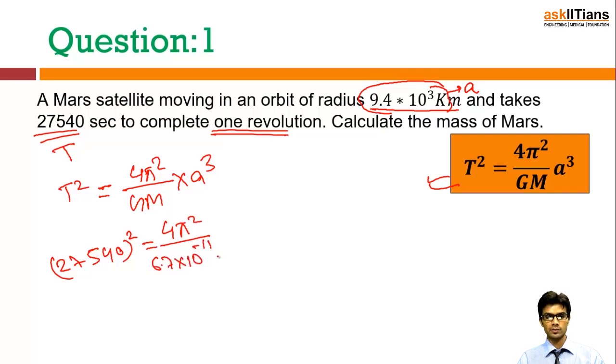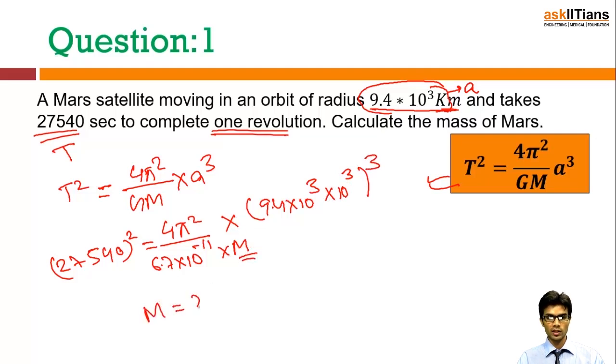We have to find the mass of Mars, so we don't know M. For a cube, the value of a is the radius, 9.4 into 10 to the power 3 kilometer, so we have to convert it into meters, that's why we multiply by 10 to the power 3, and this is whole cube. Now we can calculate M and find it in kg. So that's all for this question.